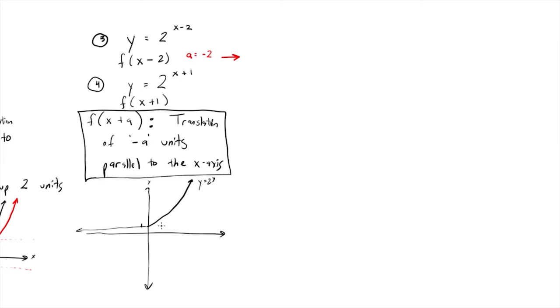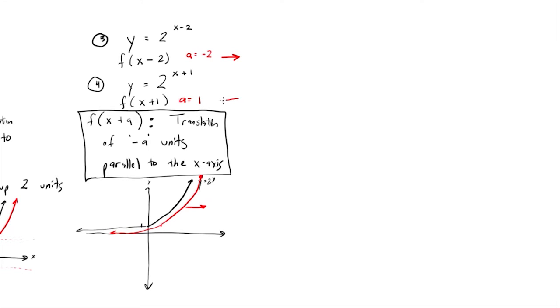So we would have a value at 1, and it would have the same pattern, but we see that it is moved towards the right, and it follows the same behavior. And what would happen in the case 4, we see that it's +1. So if it is moving minus a units, we have a equals 1.